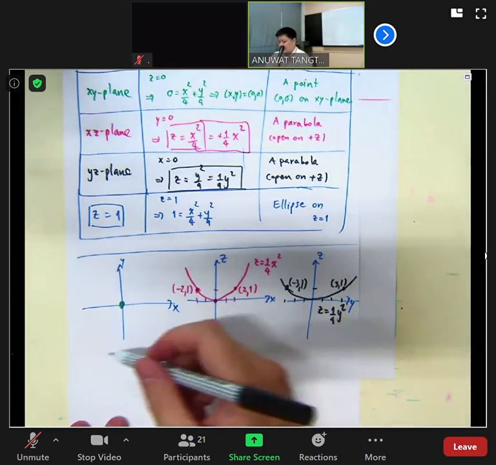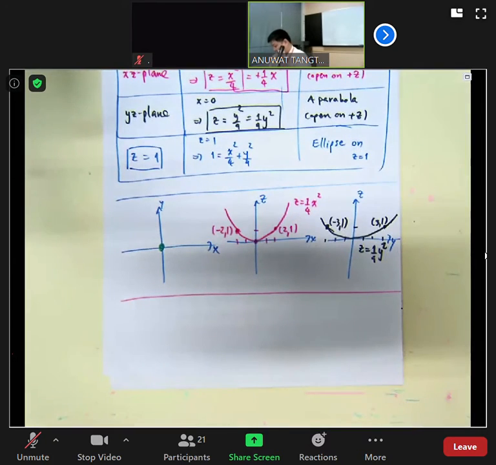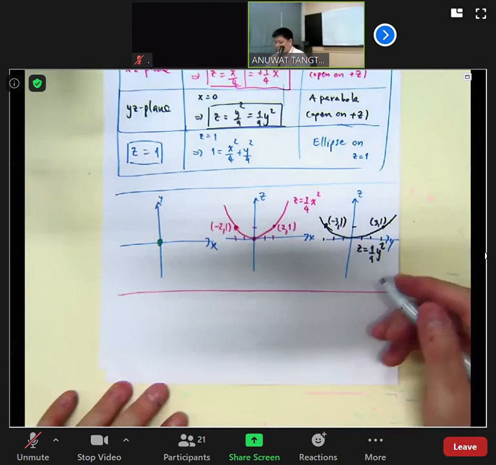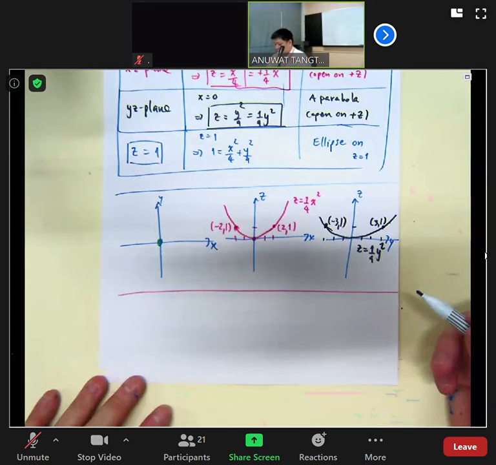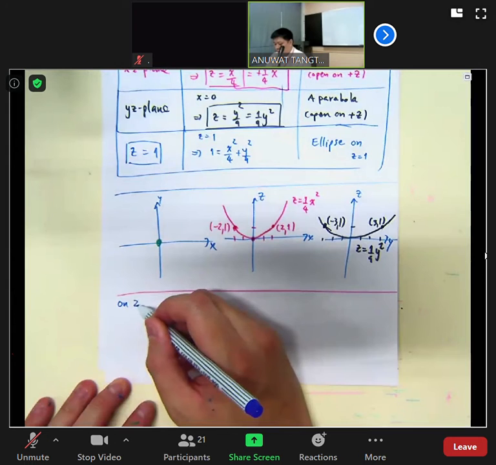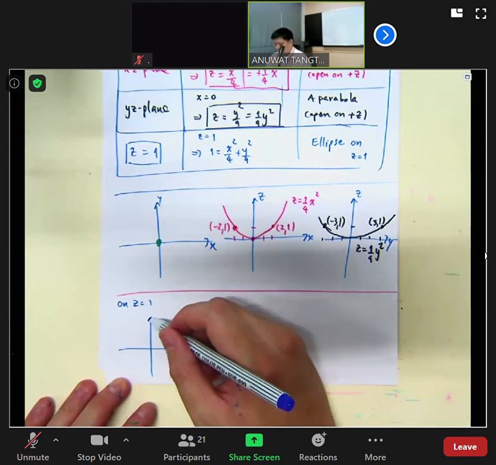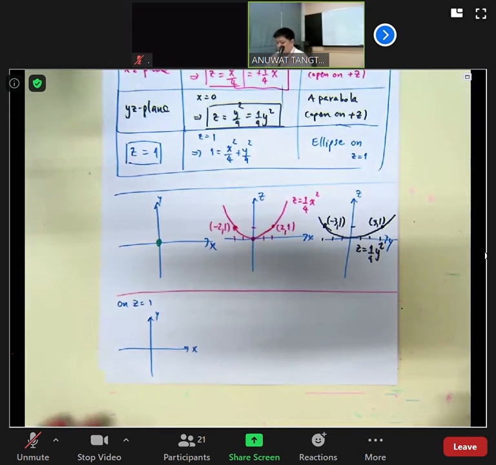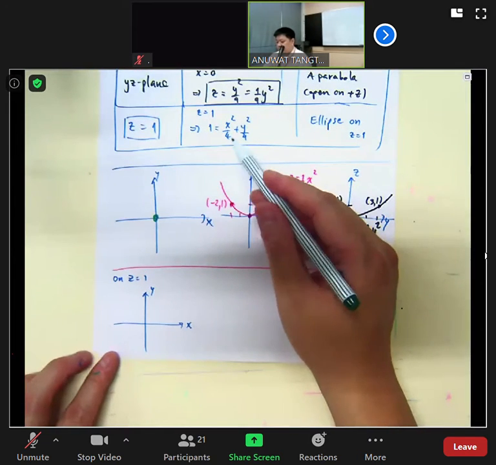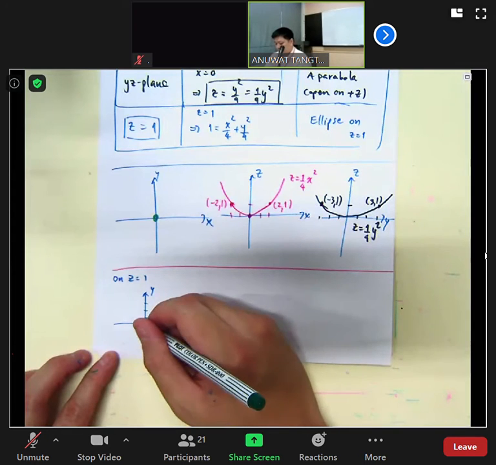It would be the parabola on the yz plane. And on z equal to 1, you can get another ellipse when x equal to 2, y equal to 3.